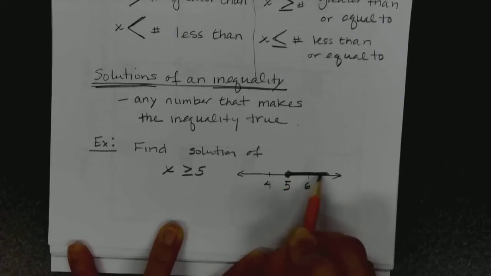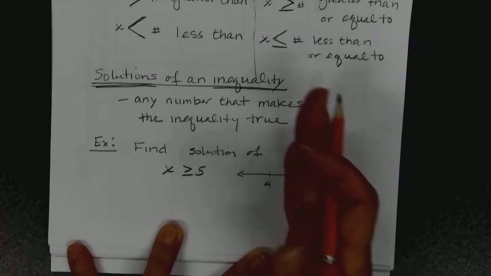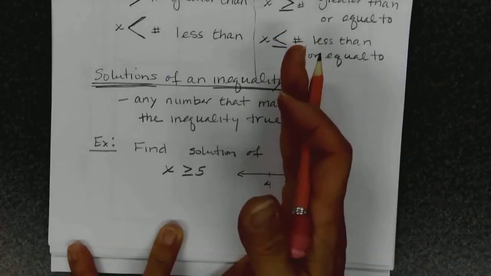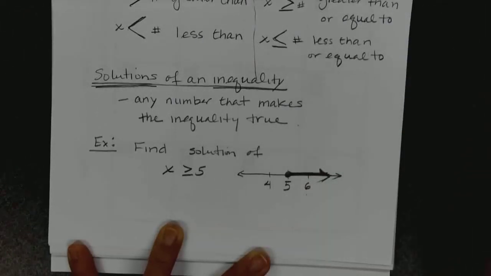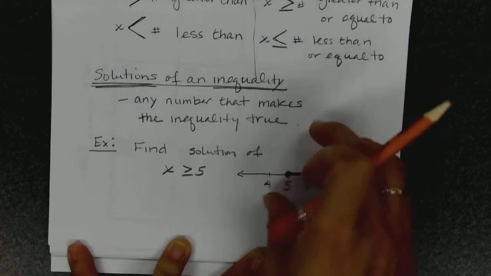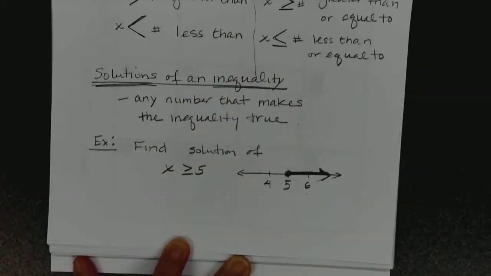So all numbers to the right side, because that's the 6 side, right? 6 is greater than 4. This is where my solutions are. All the numbers will go on forever, including 5, I have 5.5, 5.75, 5.96, 6.1. Those are all greater, and forever. So this is how you represent the solution to that inequality. Does that make sense? Okay.